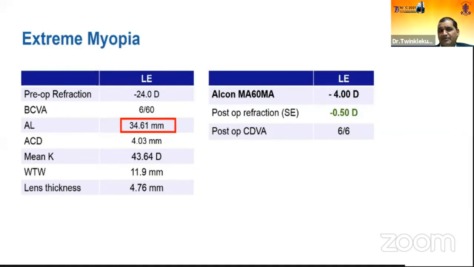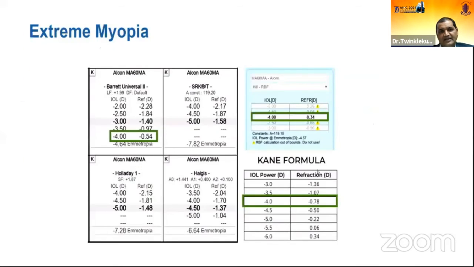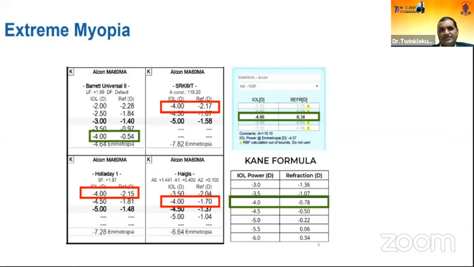This is another example of extreme myopia, where the axial length is 34.61. When you go for the Universal formula, the Hill formula or the Kane formula, they work very well, giving minus 4 power with nearly minus 0.34 to minus 0.78. But when you go for the third generation formulas, it gives very erroneous results.